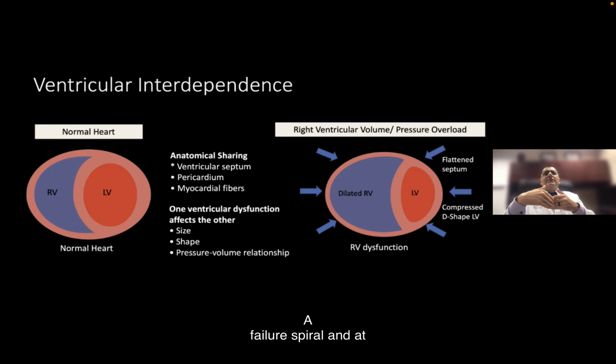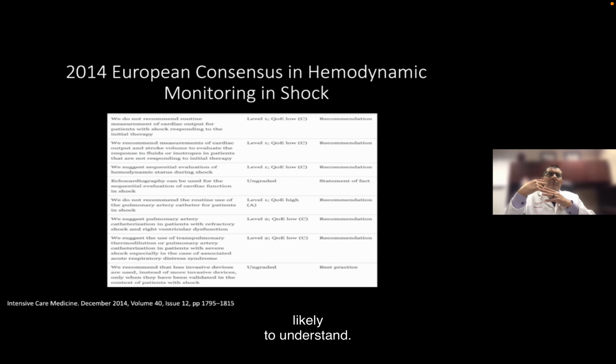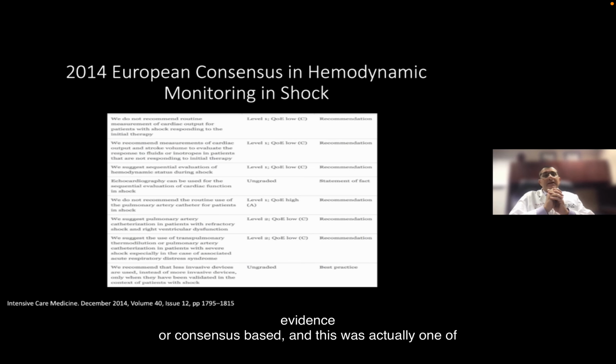And at that point, it's extremely important to optimize to a pulmonary artery catheter, and most likely to understand when to use a pulmonary arterial catheter for perfusion. With that being said, I like to always bring evidence or consensus-based guidance, and this was actually one of the last consensus statements on when to use pulmonary arterial catheters.